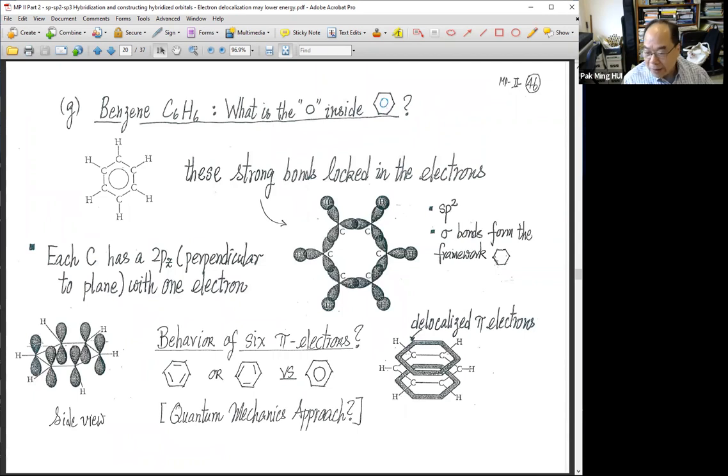And this will take us naturally to a fascinating point about benzene. Benzene is C6H6. So we have 6 carbon. Structurally, you can do a scattering experiment to determine it. And then we have this hexagonal ring of 6 carbon.